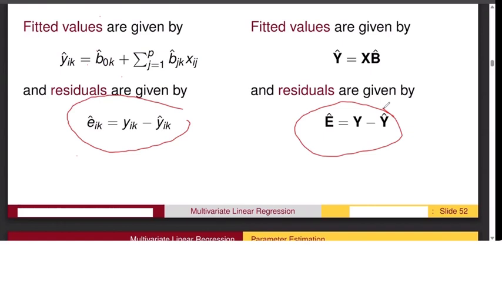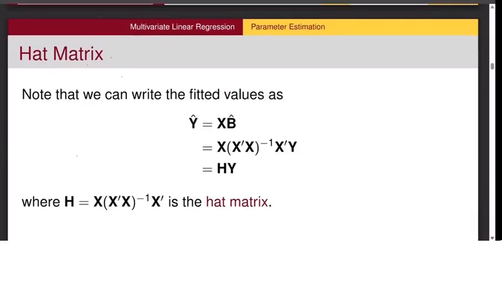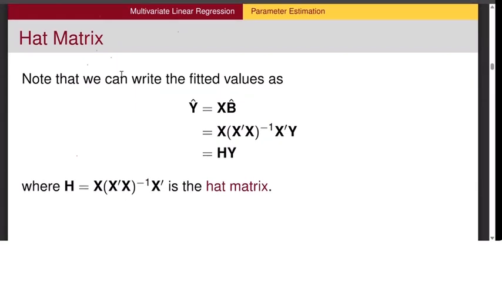Okay, now I'm going to move on to the hat matrix. We talked about the hat matrix when we were dealing with a single response. We're also going to talk about the hat matrix here. So what do you see that I'm plugging in? If the fitted model is equal to that, and I know that my B cap is this, then I'm going to have all of these.